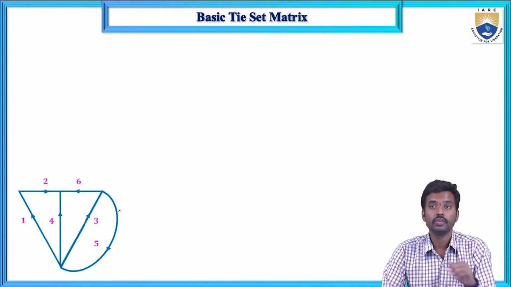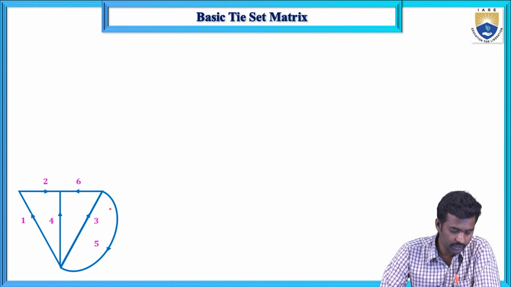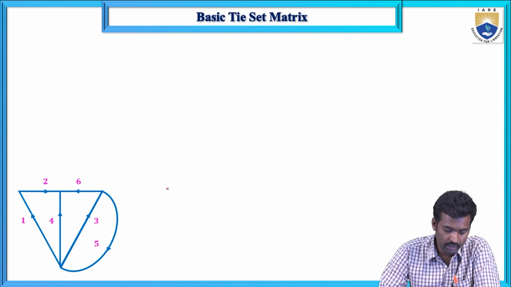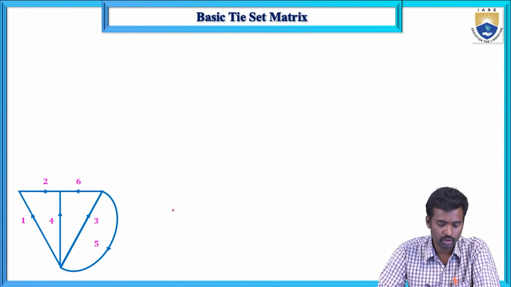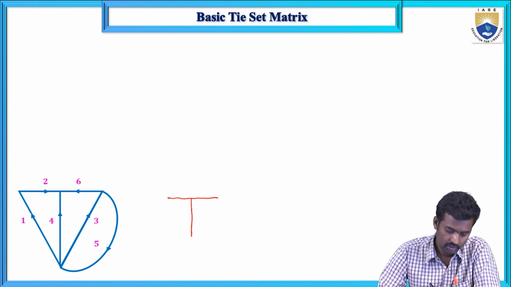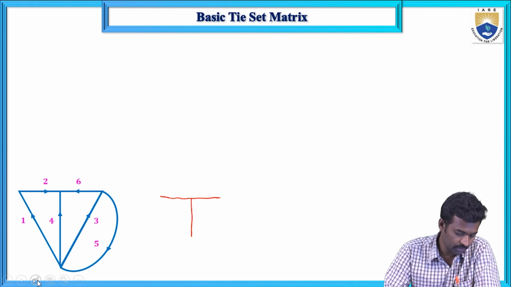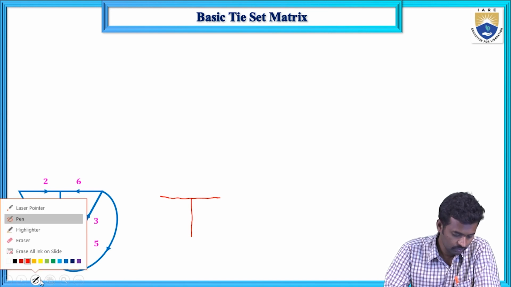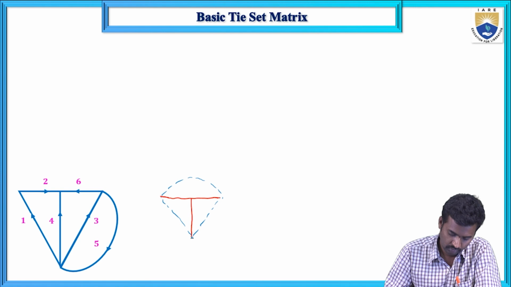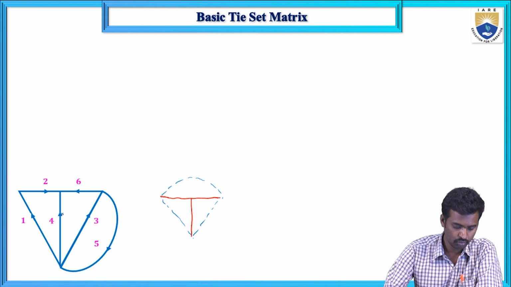Next, for this graph, determine the basic tie-set matrix. Step 1 is to select one tree. So this tree I am selecting, same thing here. These are the links, not this 1, 2, 3.